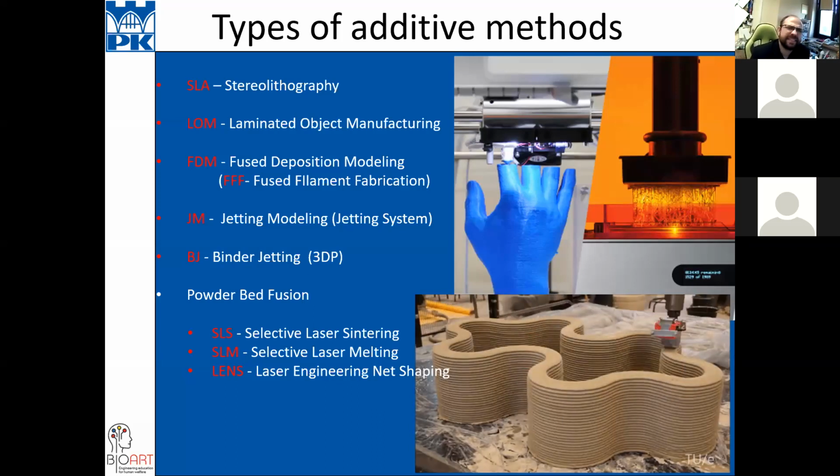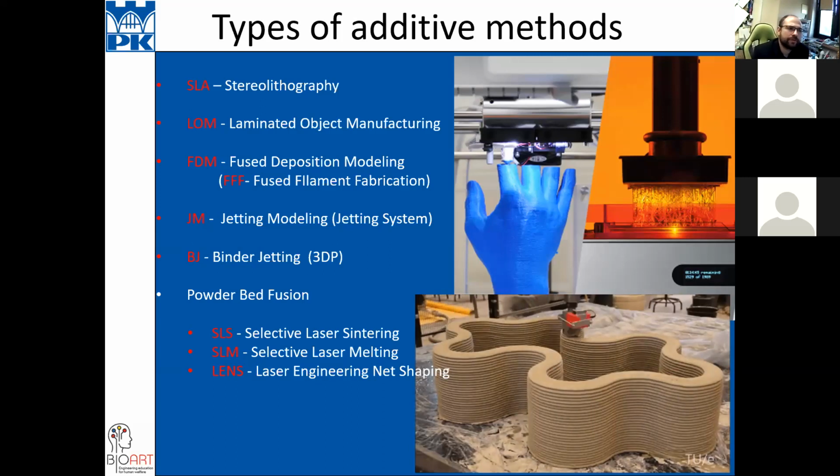It is popular because the machines are cheap, the materials are cheap, the prints are quite good, and it's easy to do. With other technologies, for example resin, the processing is more complicated than in FDM.